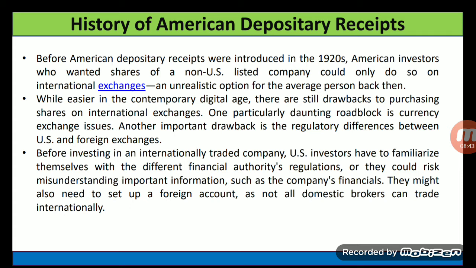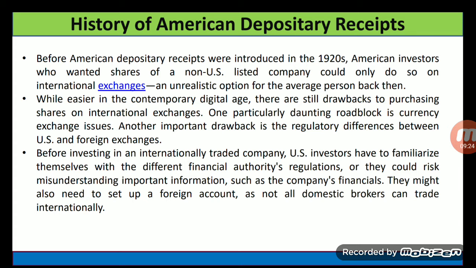Before investing in an internationally traded company, US investors have to familiarize themselves with the different financial authorities' regulations, or they could risk misunderstanding important information such as the company's financial data, market data, and the many regulations of financial regulatory authorities in different countries, the rules and regulations of government for that particular company, or the stock exchanges' rules.